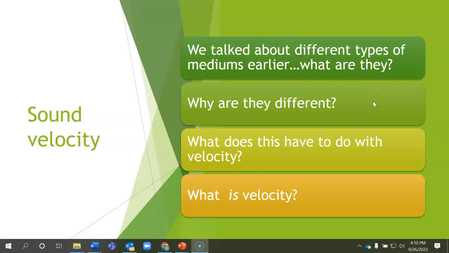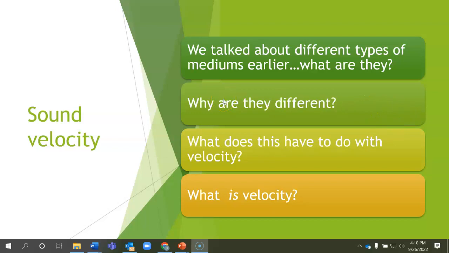The difference between those mediums is the closeness of the molecules or the particles that make up the medium. Okay? So in a gas medium, the particles are spread far apart, right? And they are bouncing all around until a force is applied to them.